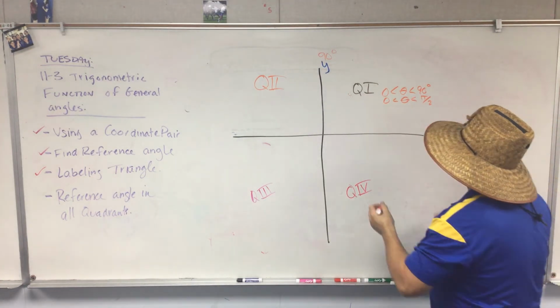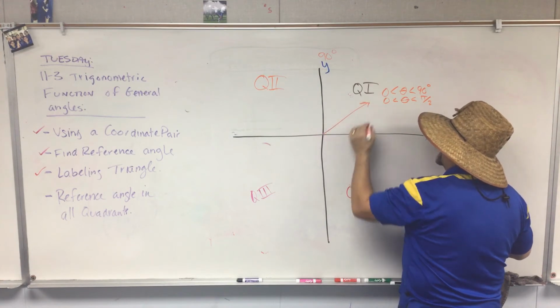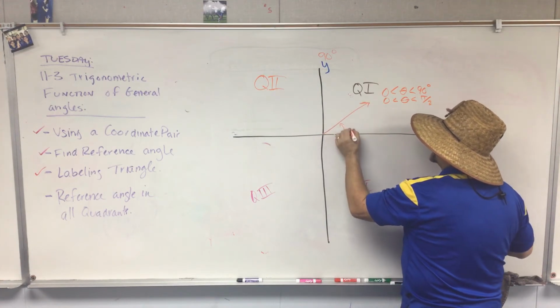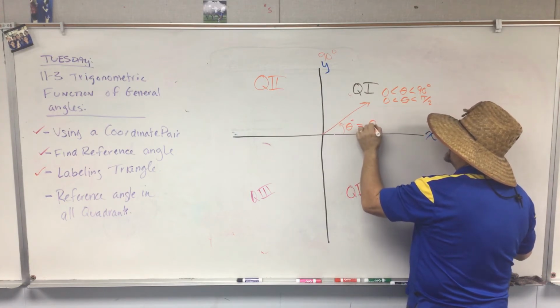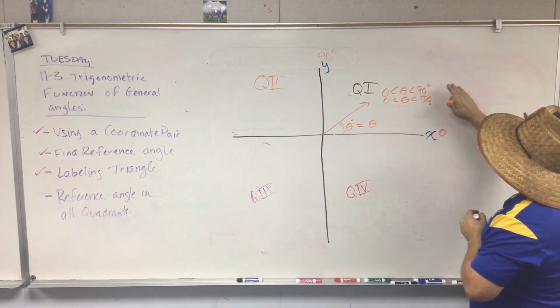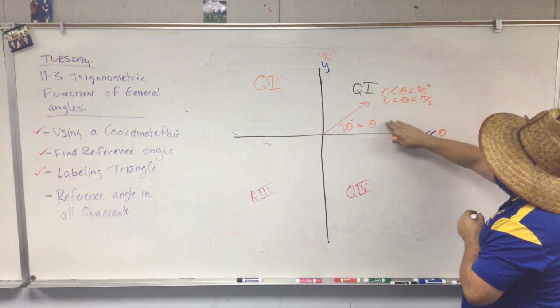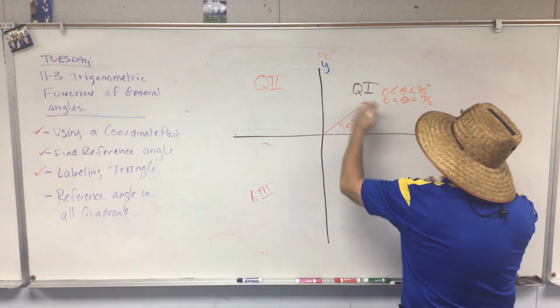We know that my reference angle, which is theta prime, is equal to theta. So in other words, if it's 30 degrees for theta, my reference angle is 30 degrees. That's in quadrant 1.